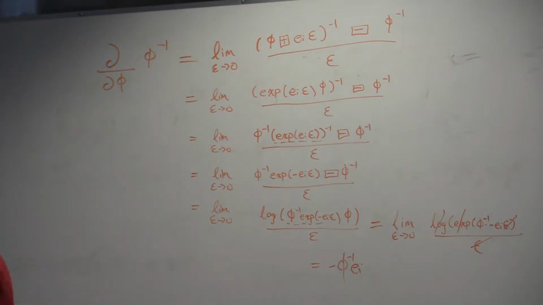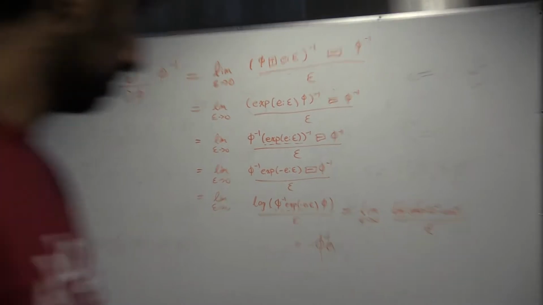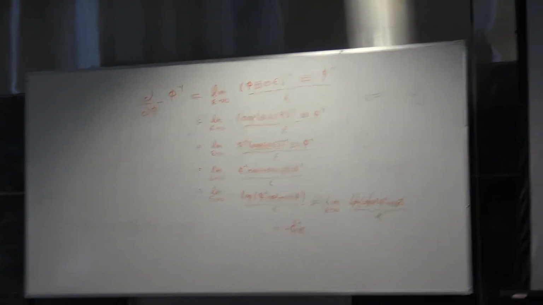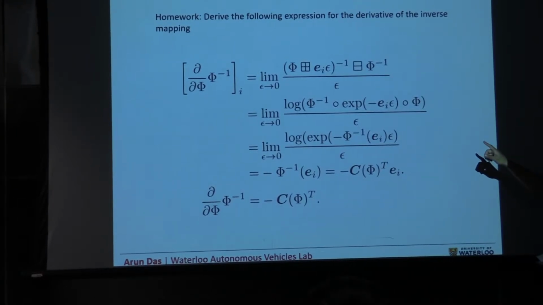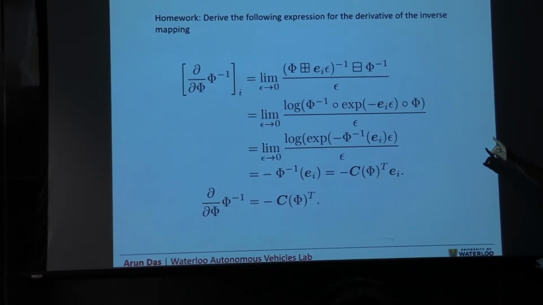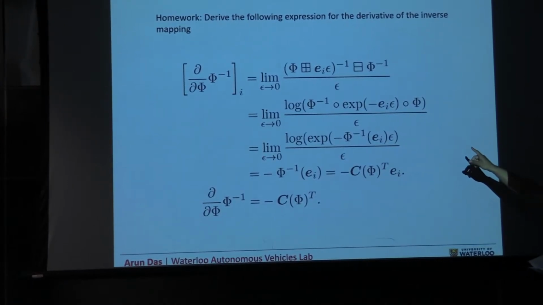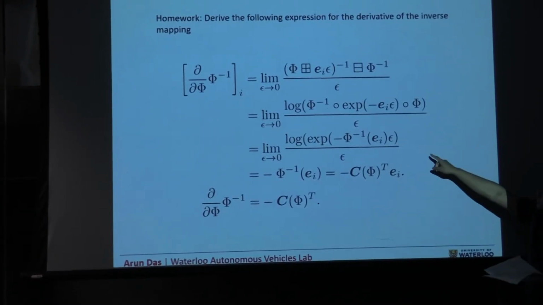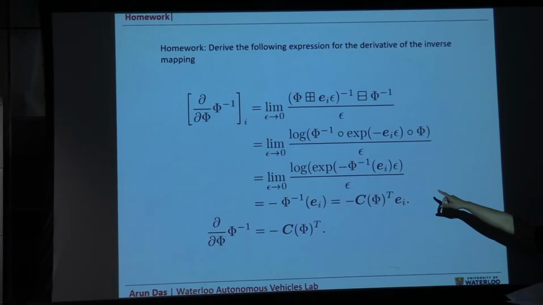So Nav went through all the steps, which was really good. But just to give the overview of what they presented in the paper, exactly what Nav went through: the first step, we applied our standard rule of our differential identity. Then we expand out what the box plus and box minus operators actually do. From this step to this step, we are applying that adjoint related identity, but for phi inverse.